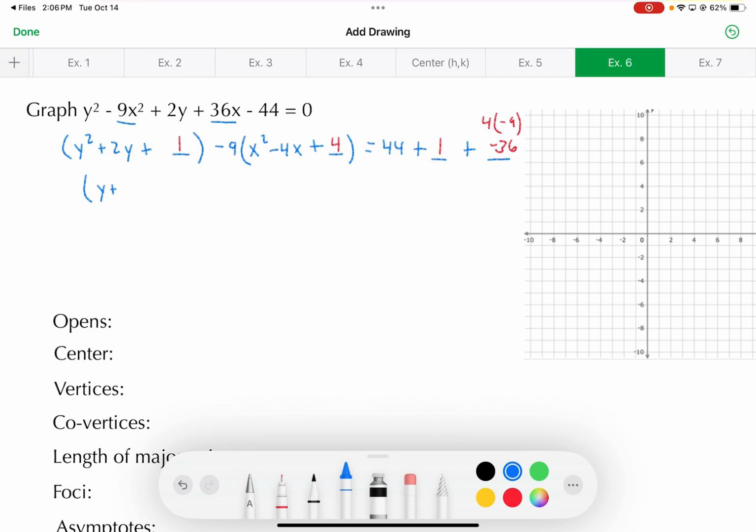Okay, factor y plus 1 squared minus 9 times x minus 2 squared. Let's see, that's going to be 45 minus 36. That's just 9. And now we'll divide the 9 out so that we are set equal to 1.